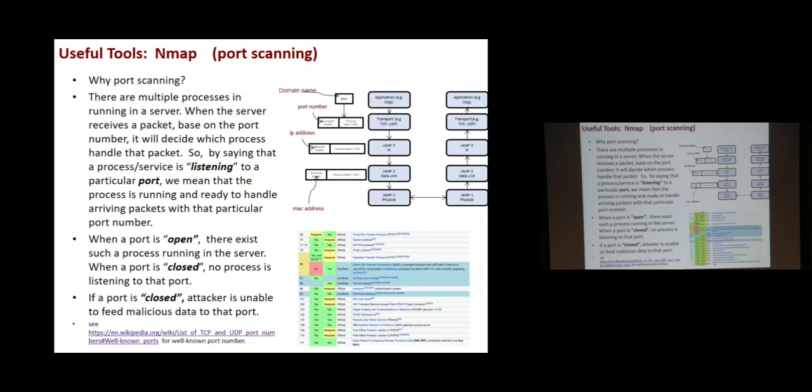And the port number, I also mentioned that certain port numbers have special meaning. So when two nodes, let's say Alice and Bob, want to connect, Alice initiates the connection. Alice is the client. Alice wants to initiate a connection to Bob. Alice will send a packet with the IP address and the port number to Bob.